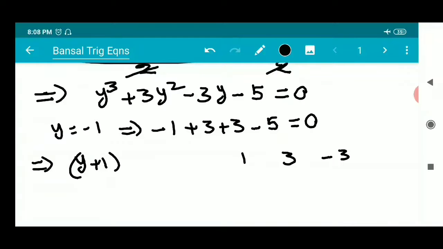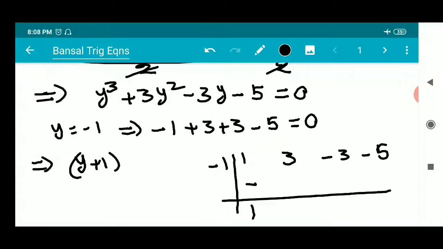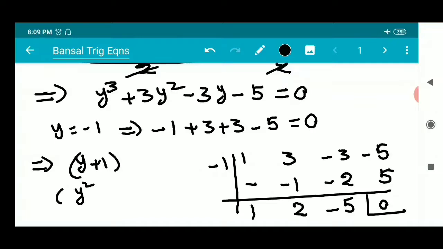Okay, so here minus 1, so this is 0, 1, minus 1, 2, so this is minus 2, and minus 5, so that is plus 5, which is equal to 0. So (y plus 1) into (y square plus 2y minus 5) equals 0.